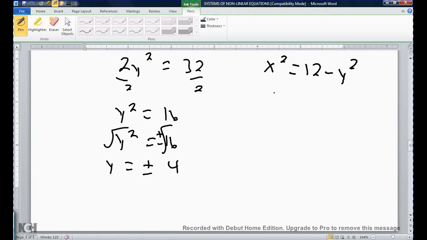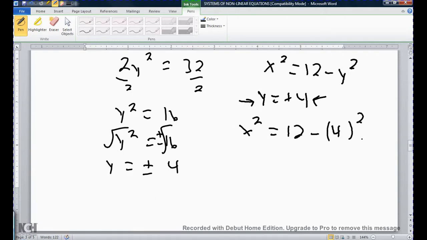So what I'm going to do is I'm going to substitute y equals 4 first. The positive 4. So when I do that, we're going to get x squared equals 12 minus 4 squared. And then we get x squared equals 12 minus 16, which is negative 4. And then we get x equals, well, I better show you the steps.